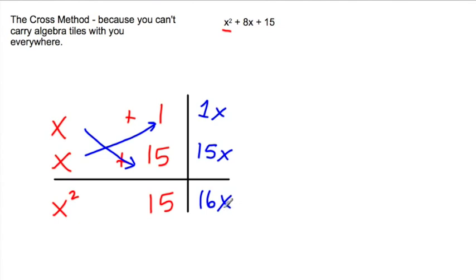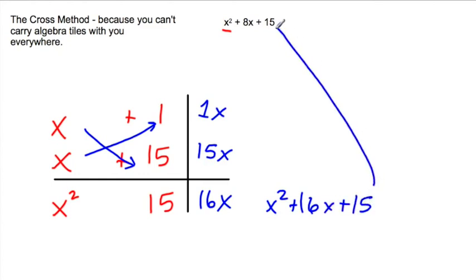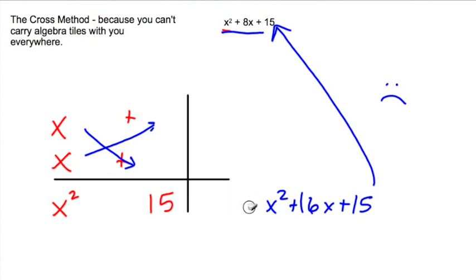So now I compare these values, x squared plus 16x plus 15 to my original answer. Is that the same? Oh, no, it's not the same. All right, so what that means is that I chose an incorrect pair of factors for 15. So I'm going to go ahead and erase that and try again.